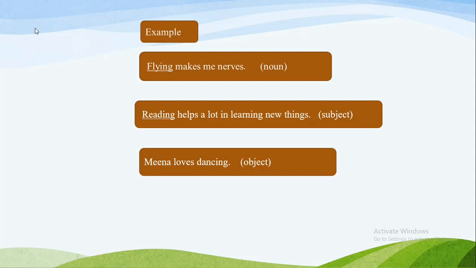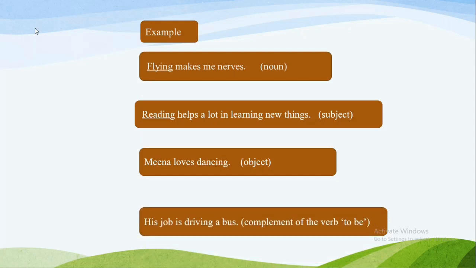Here, dancing is a gerund used as an object. His job is driving a bus. It's complement of the verb to be. Here, driving is gerund as it is used as a complement to the verb is which is in the to be form.